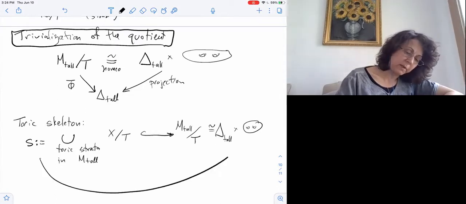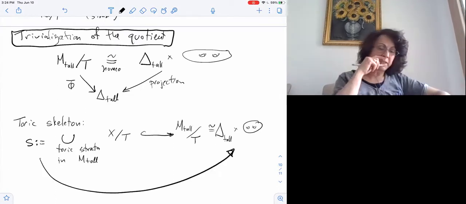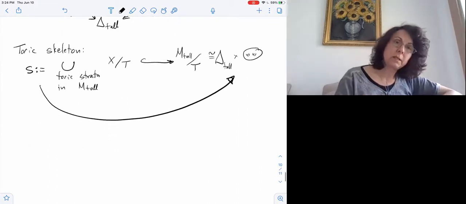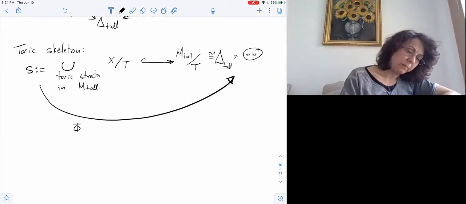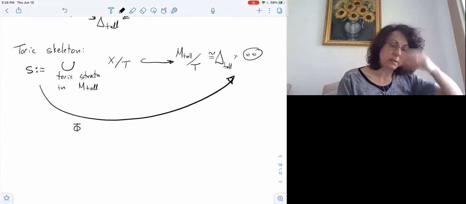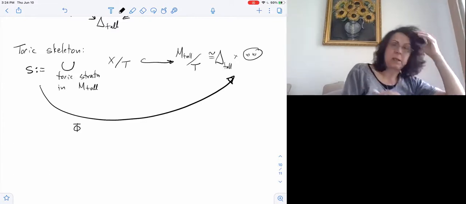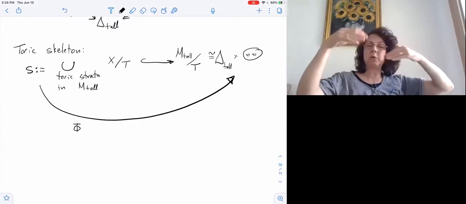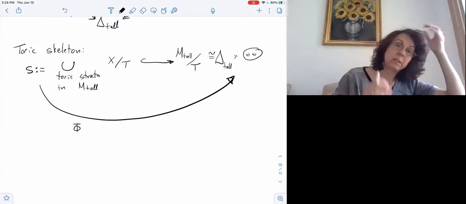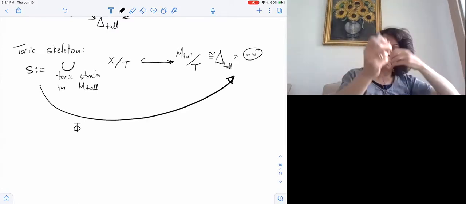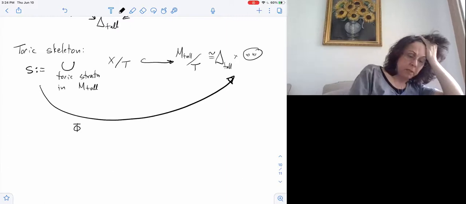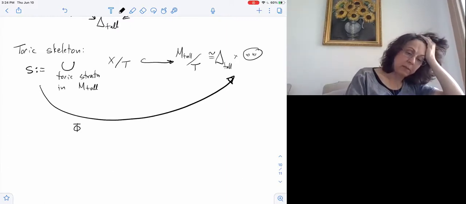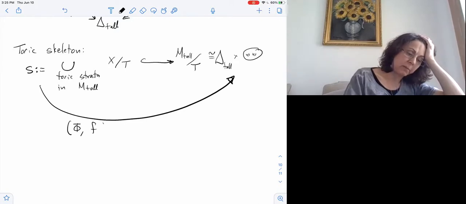So composing everything here, how do the toric strata sit in the quotient? This is encoded in a map from the toric skeleton. The toric skeleton itself can be thought of as a bunch of polytopes glued along common faces. But topologically, it can be interesting. And you have a map from it to delta tau. This is the orbital momentum map, but there's another component, a map from it to the surface, which depends on the trivialization. And this is what we call the painting.